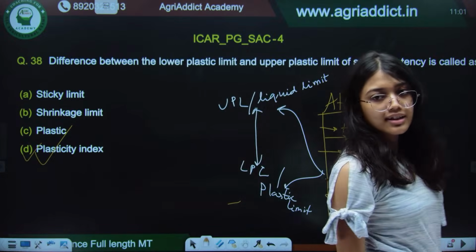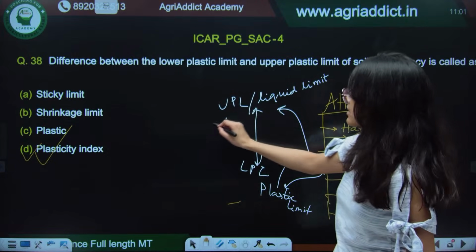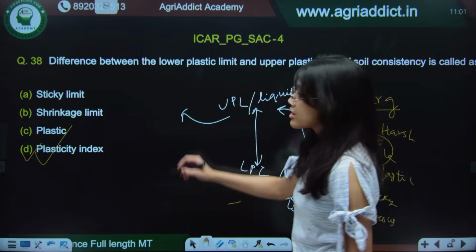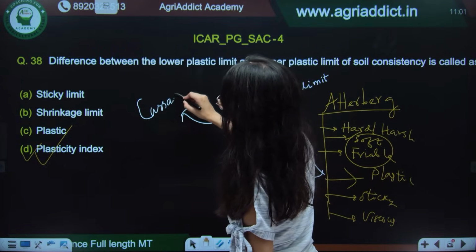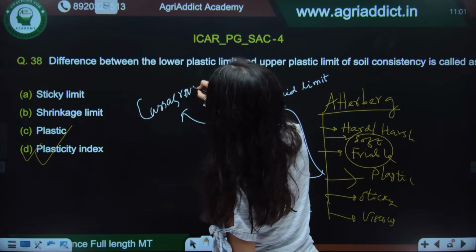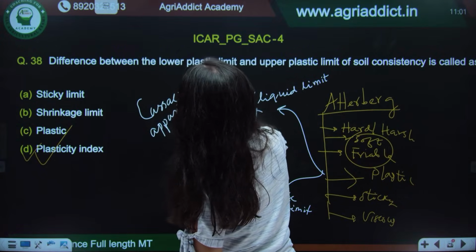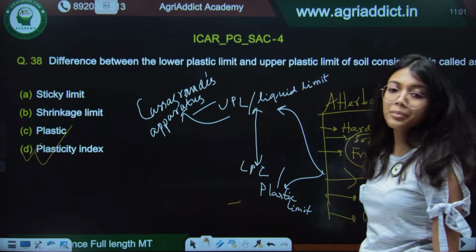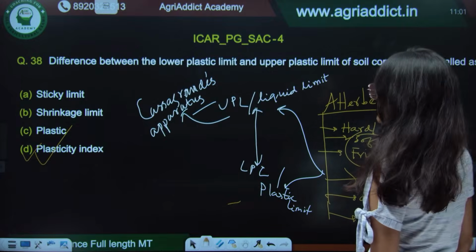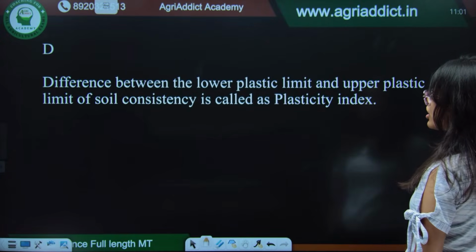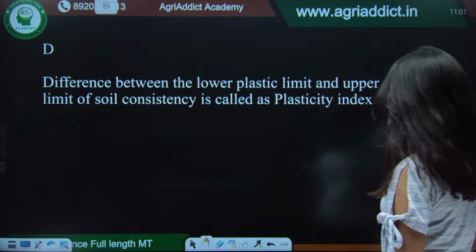So, that is correct. And we generally measure the upper plastic limit with the help of an apparatus which is called Casagrande's apparatus, right? We measure our upper plastic limit with the help of Casagrande's apparatus. Next. So, it will be option number D.